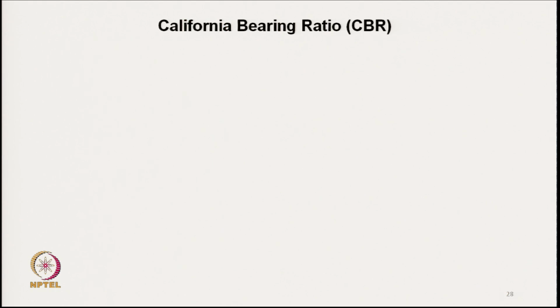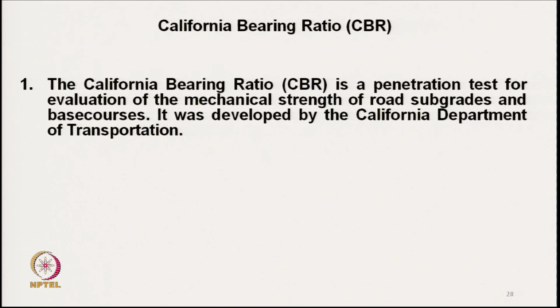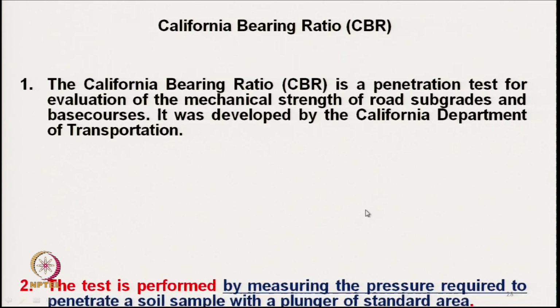Now, coming to the actual CBR testing, the California bearing ratio test for soil particles. It is a penetration test for evaluation of the mechanical strength of road subgrade and base course. So, road subgrade strength, compressive strength, we must know. It was developed by the California Department of Transportation, that is why the name is California bearing ratio.